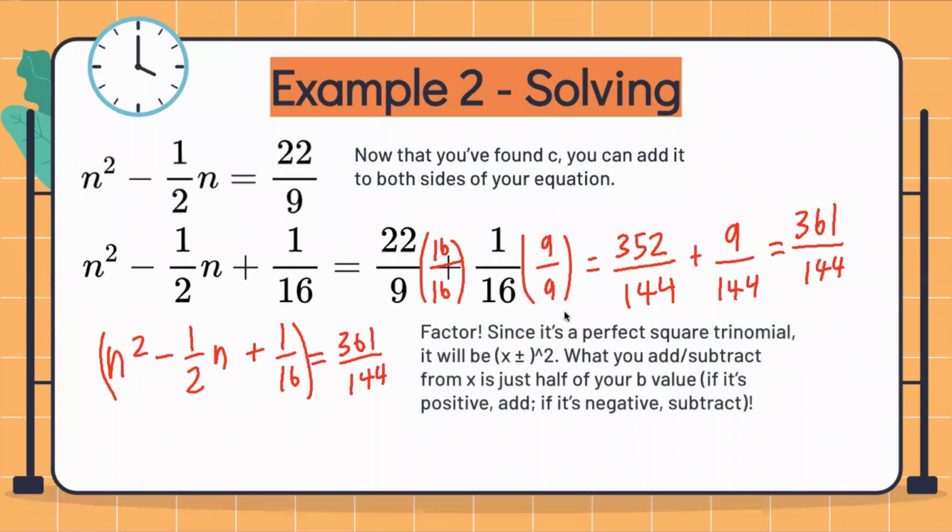Again, a shortcut is because it is a perfect square trinomial, the basic format is you're going to have a binomial of your variable n plus or minus a value squared. The value that you add or subtract to n is just going to be half of your b value. So our b value right now is -1/2.